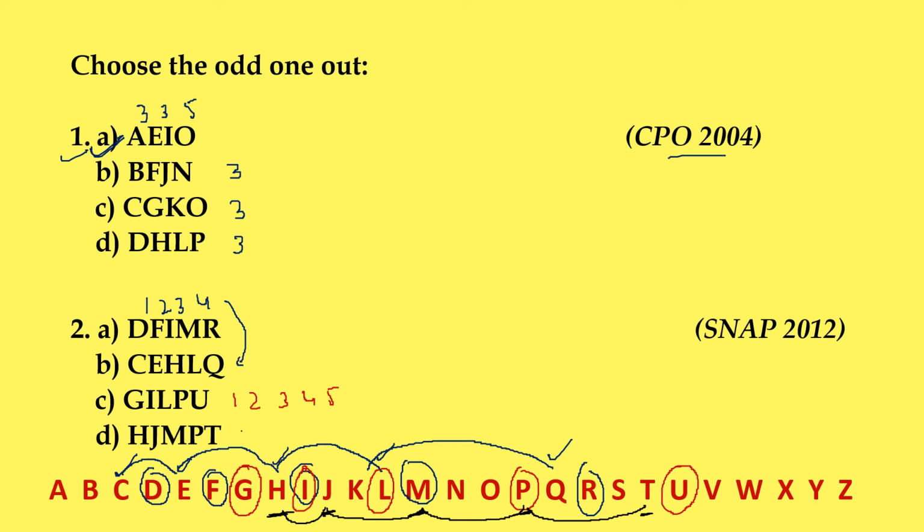So that means the difference is 1, then 2, then again 2, and then it's a difference of 3. So that means here the difference is different from the other three options. So we'll mark option D as the answer here because that stands here as the odd one out.